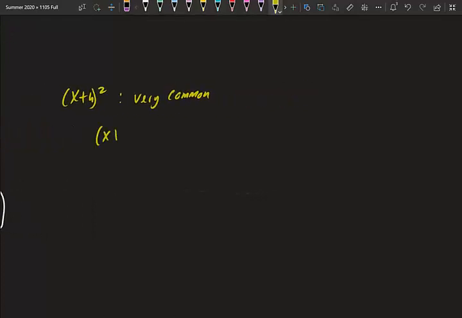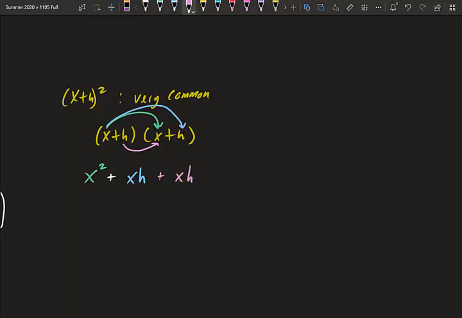So this is technically x plus h, x plus h. So our first one, we have x times x is x squared. Outside, x times h is xh. Inner, h times x is always going to be xh. The x is always going to go first.